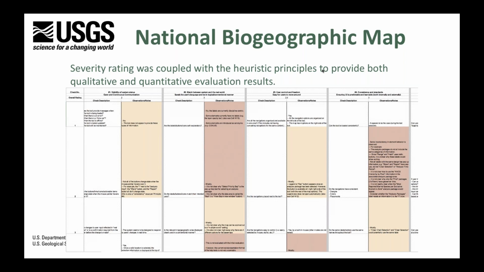As you can see on the slide, the team can first use the quantitative rating to prioritize which area they want to work on first. But then once they get into the evaluation results, they can also use the qualitative observations to guide them in deciding what improvements they want to implement.